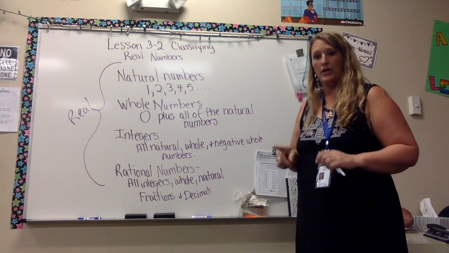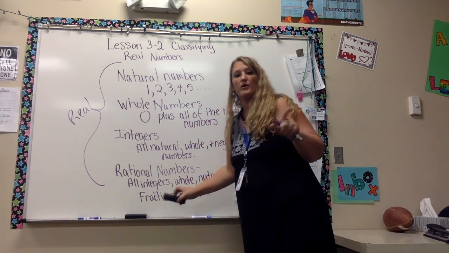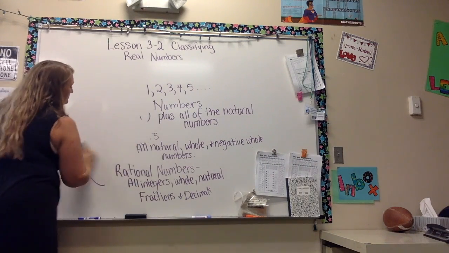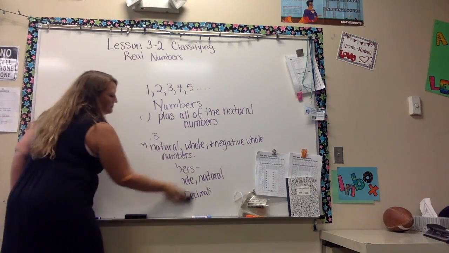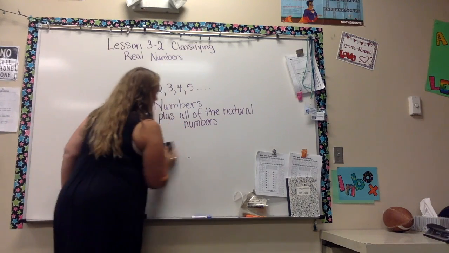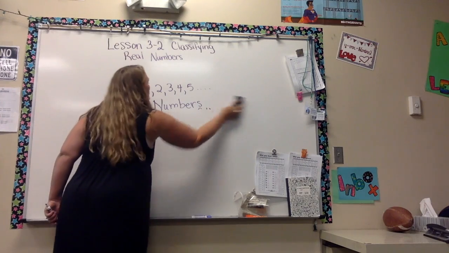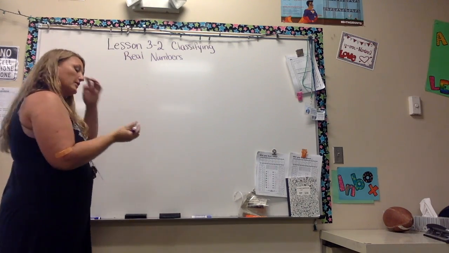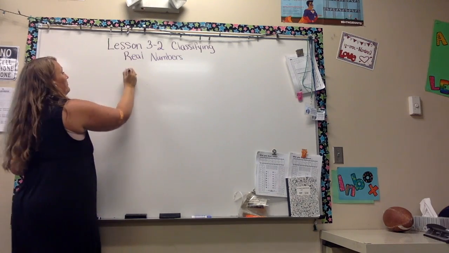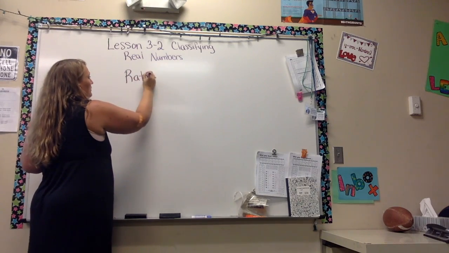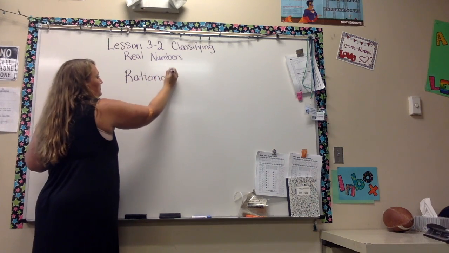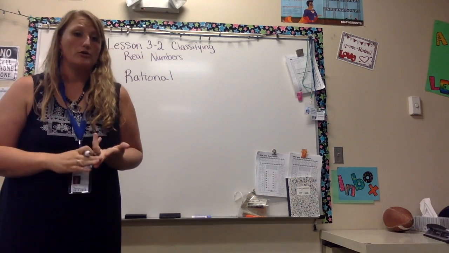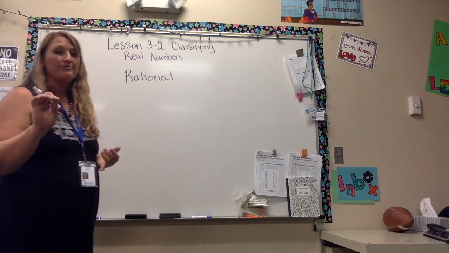Okay, so let me erase the board really quickly, and we'll go a little bit farther into rational numbers. Okay, so I just want to talk about rational numbers right now. Now we said rational numbers include all the naturals, all the wholes, all the integers, and fractions and decimals.